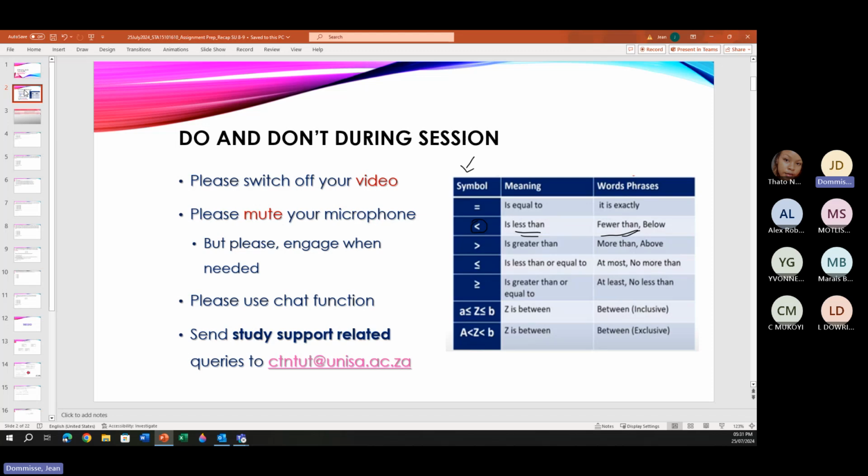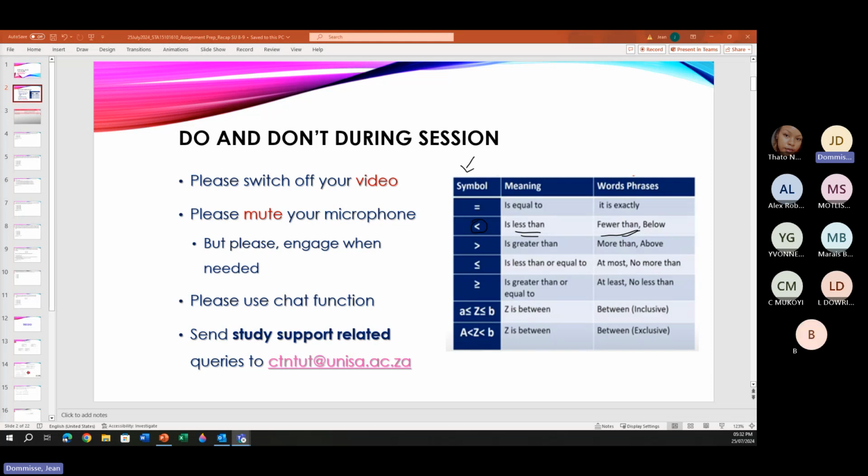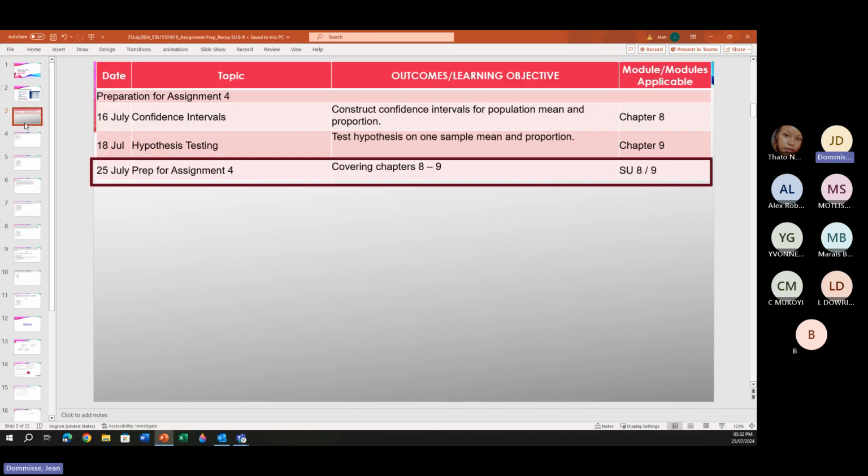You can also use it for your prep for the assignment and for your exams, since when you're writing it, you're allowed to have those things. So then you are allowed to use it. Okay, so tonight, just going to go through a few questions on chapters 8 and 9.